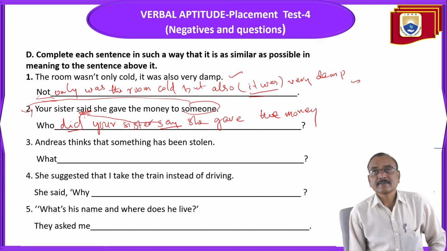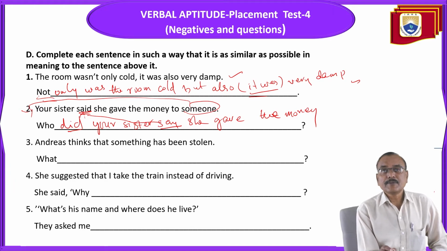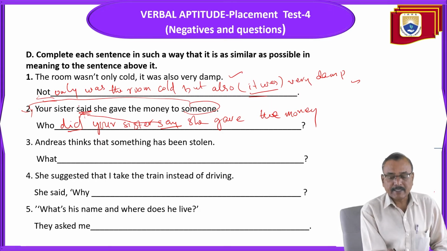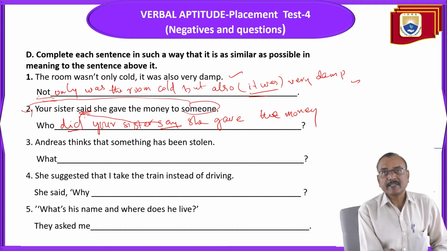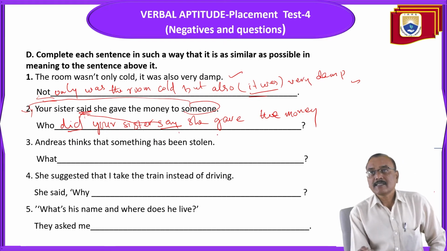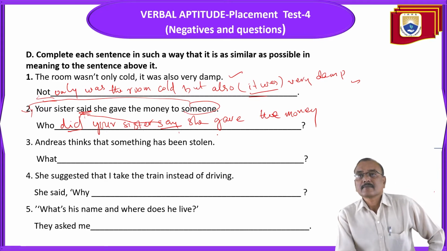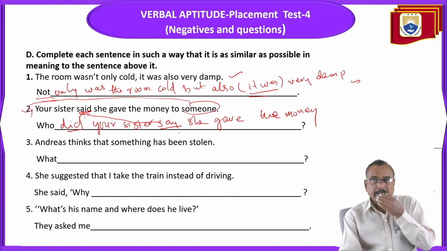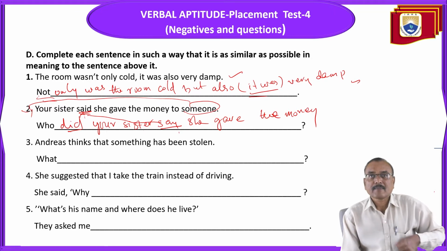Right? Who did? So from this said, the helping verb is taken out and it is coming here before sister. Who did your sister say she gave the money? Right. Next.